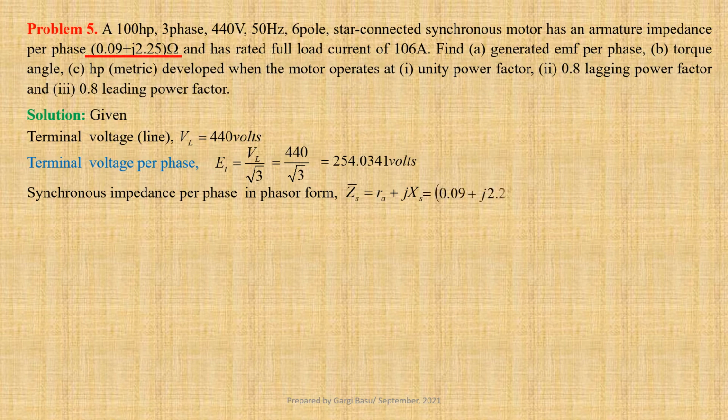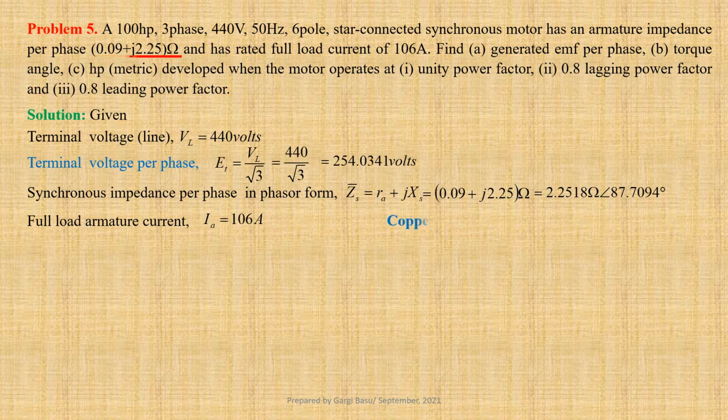Synchronous impedance per phase in phasor form ZS equals RA plus jXS, that is 0.09 plus j2.25 ohm. This may be written in polar form as 2.2518 ohm at an angle 87.7094 degree. Full load armature current IA equals 106 ampere. Let us now determine copper loss.